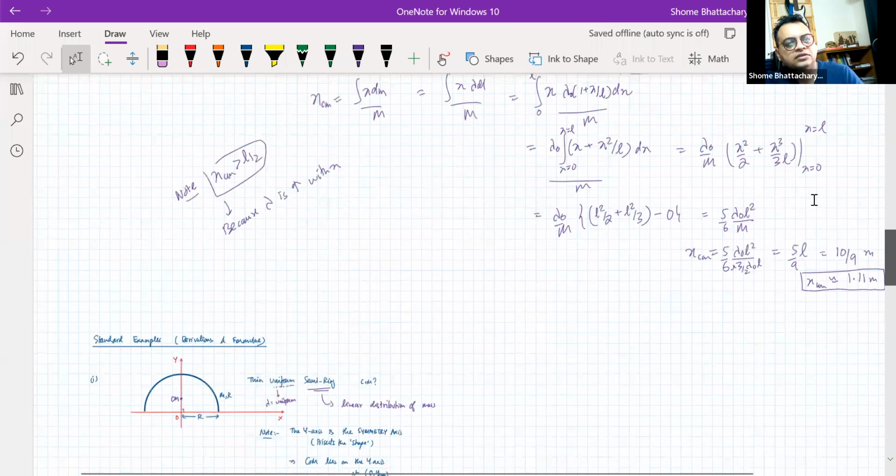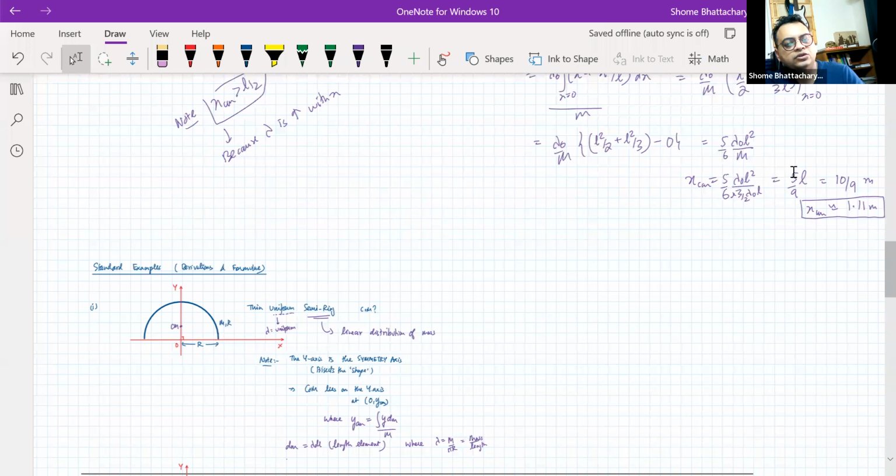That gives us the final formula that in terms of L, it is 5/9 L. So 5/9 you can see is a quantity which is greater than half. 5/10 is half, so 5/9 is greater than half. Okay, so definitely as expected, the center of mass is to the right of the origin.